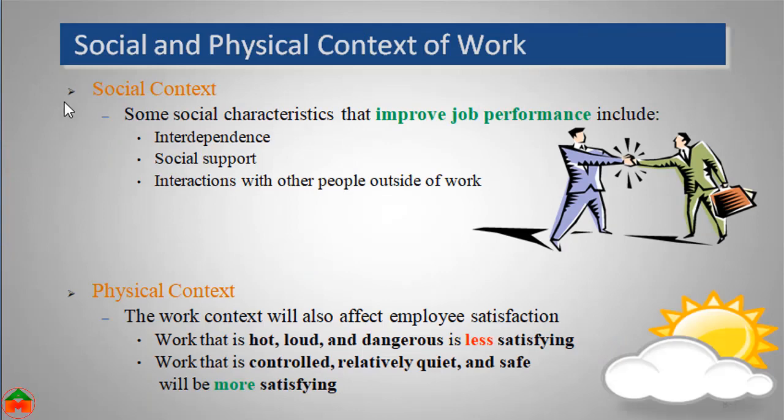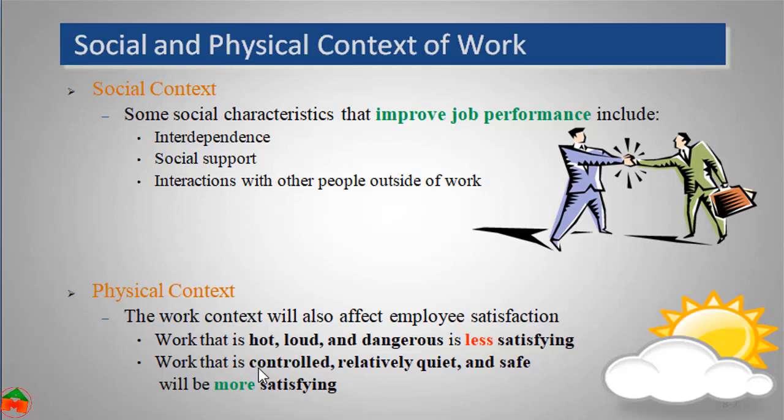To motivate the employees, the manager can ensure social and physical context of work. The social context can help to improve performance by creating a sense of independence, social support, and interaction with other people outside of the work. On the other hand, the physical context can also impact job satisfaction by creating a pleasant and safe environment.